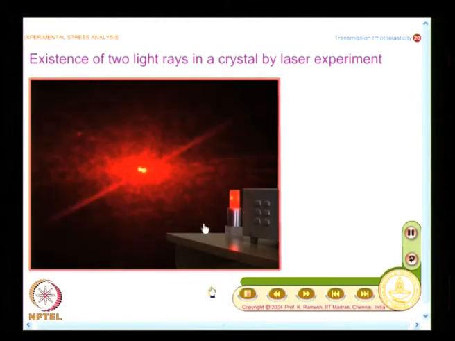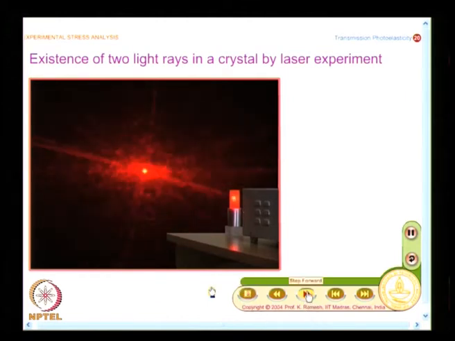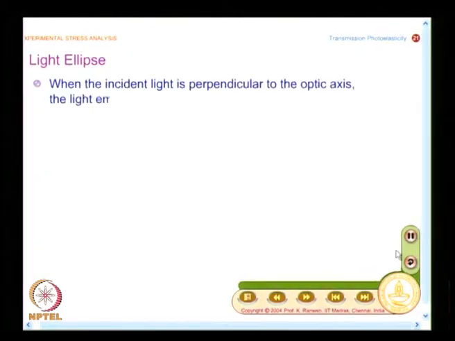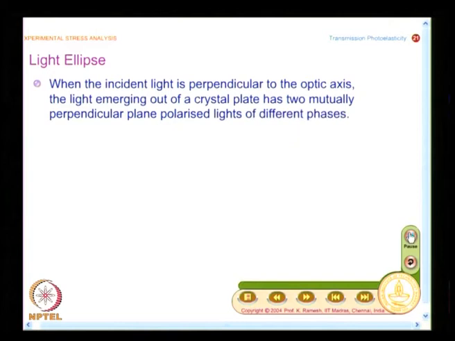Now the stage is set for how to analyze this mathematically. Even before developing the concept, we have labeled this as the light ellipse. Whatever we are going to do, finally we end up with an equation for an ellipse.